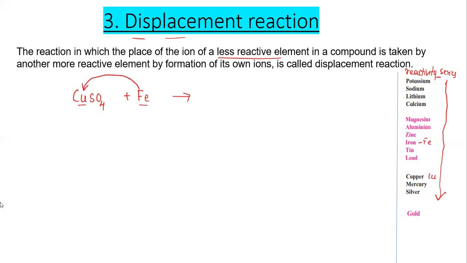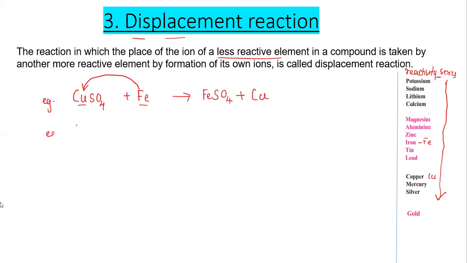Copper will be displaced from here and iron will take the place of copper, because copper is less reactive. So our product will be FeSO4 plus Cu. Now one more example.